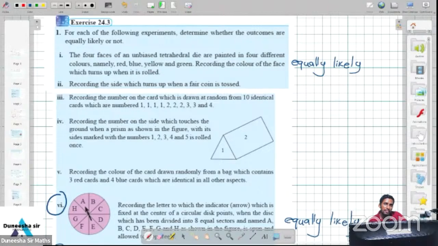Does any outcome in the sample space have the same possibility of occurring? There are only head and tail, right? Is it equally likely? When a coin is tossed, the possibility of getting a head and the possibility of getting a tail, are they equal or not?